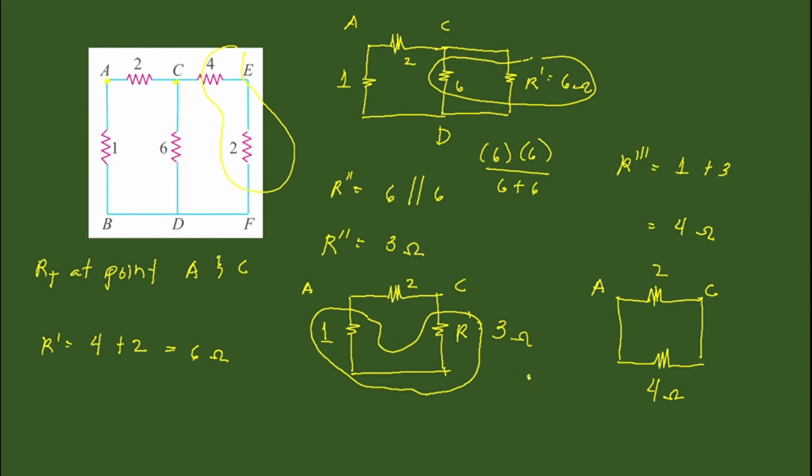Parallel. So, 2 parallel to 4. Therefore, R total is equal to 2 parallel to 4, which is equivalent to a total resistance value of 1.33 ohms. Okay, that's for the total resistance value.